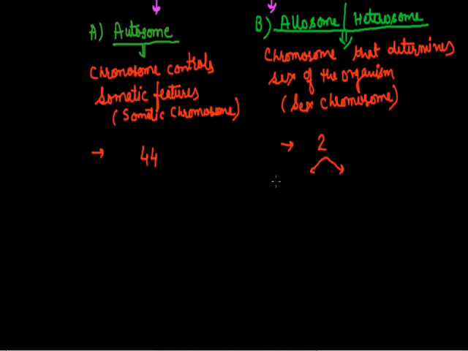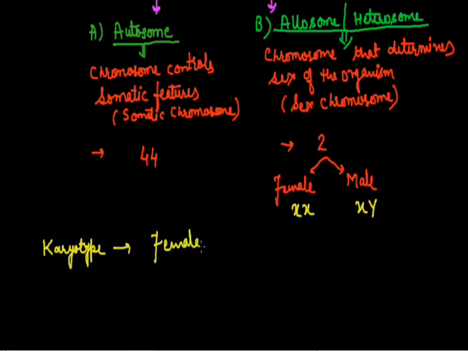In the female, 2 X chromosomes are found, while in the human male, 1 X and 1 Y chromosome is found. So our karyotype, that means the expression of male and female, can be written like this.